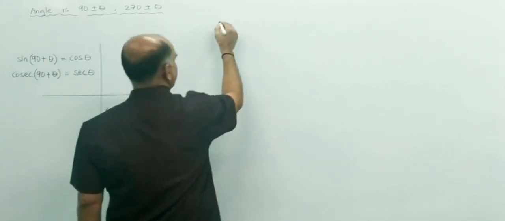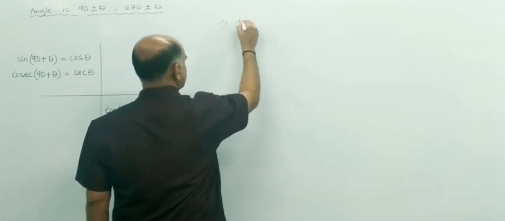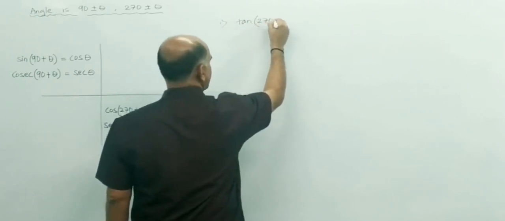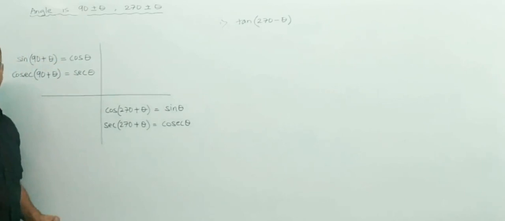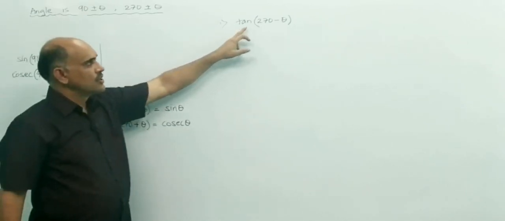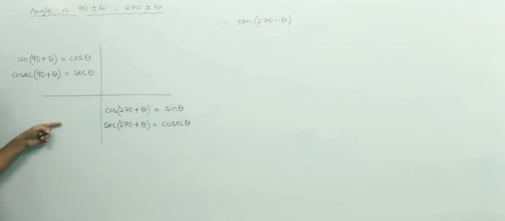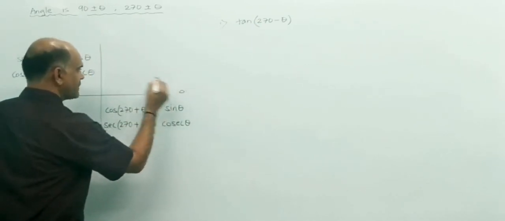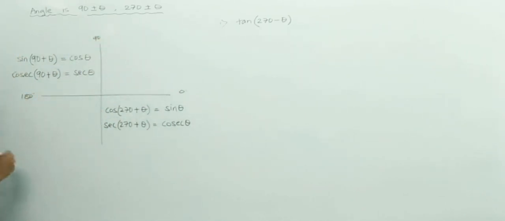So first, for example, tan 270 minus theta. So 270 minus means it will be in third quadrant. So this is 0 degree. Here you will have 90 degree. Here 180 degree.